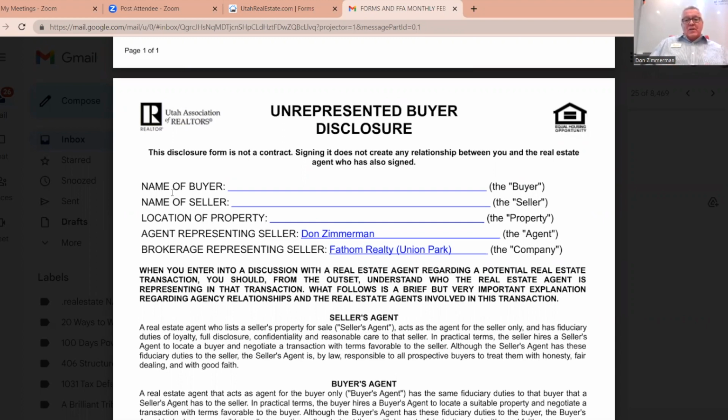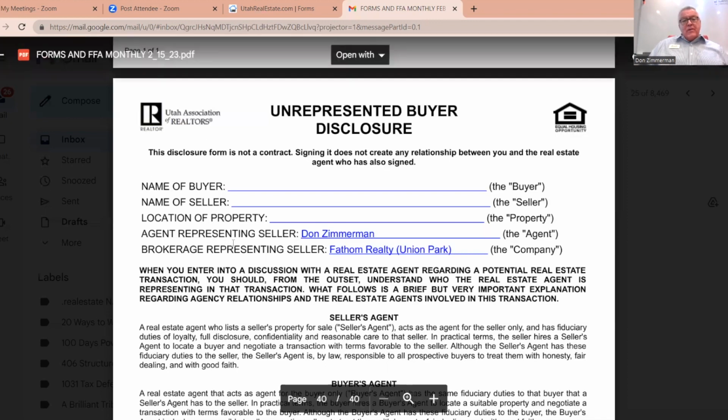Being a limited agent is when one agent represents both sides, but limited agency can be when two agents, one representing each side, are within the same company under the same principal broker. So limited agency is okay in my book, but being a limited agent, even though the state of Utah allows it, I think it is a formula for a lawsuit. So anyway, you have to be very careful.